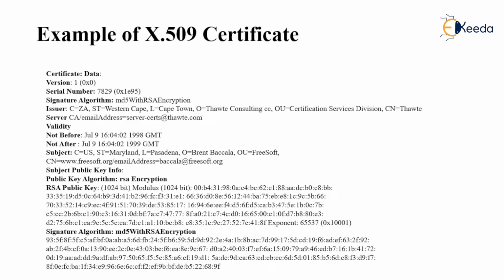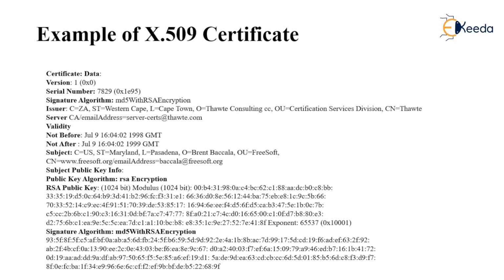This is an example of an X.509 certificate, wherein you can see that the entities we have just seen are properly given: the version number, the serial number, and the signature algorithm being used, which here is MD5 with RSA encryption.